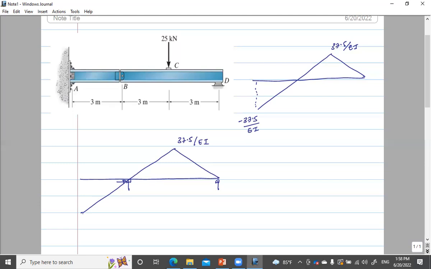So only values. Now the load is acting like this. For negative M over EI, the load acts downward, and for positive, the load acts upward. So this is the conjugate beam with the load applied on it.